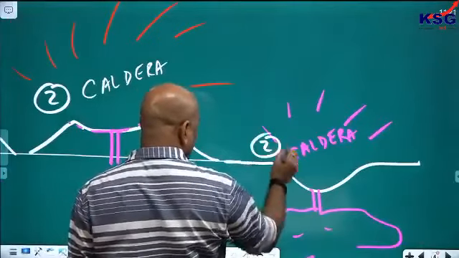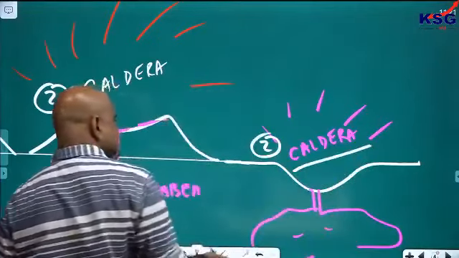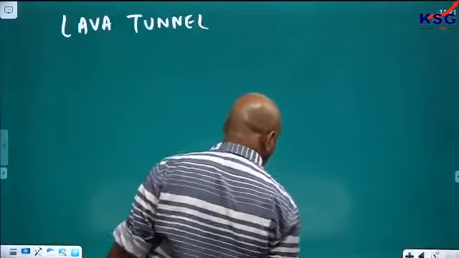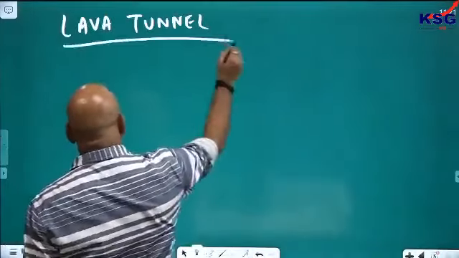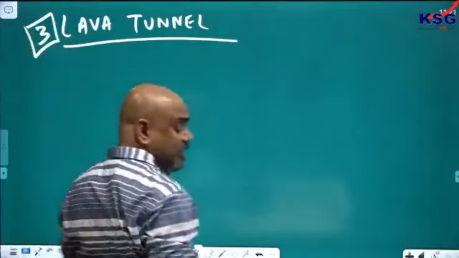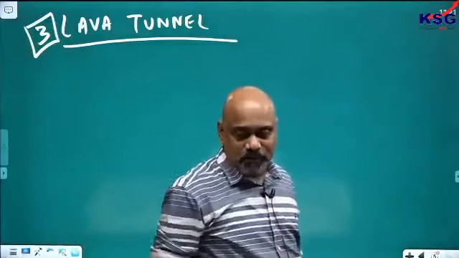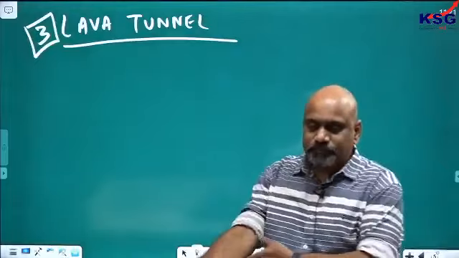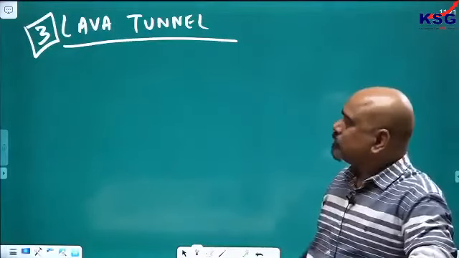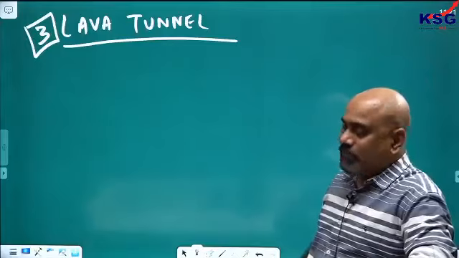Both cases there is caldera. Now the third one, let us see. Third one is lava tunnel. B3 is lava tunnel.